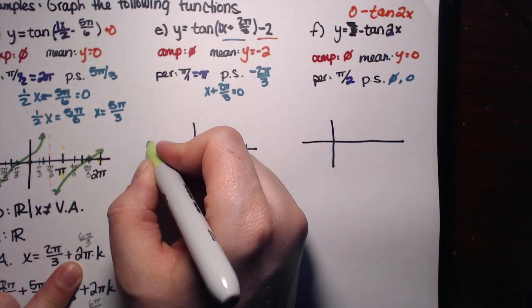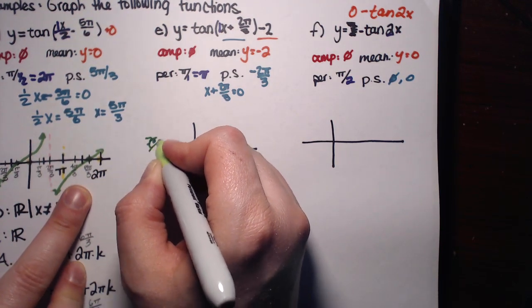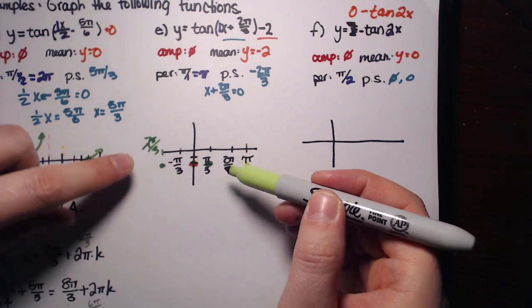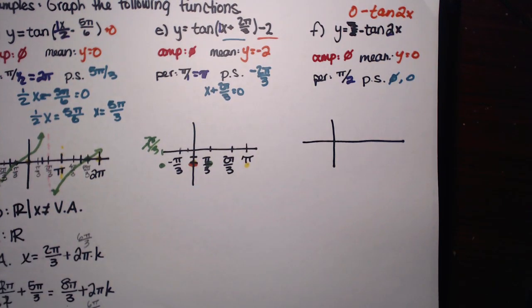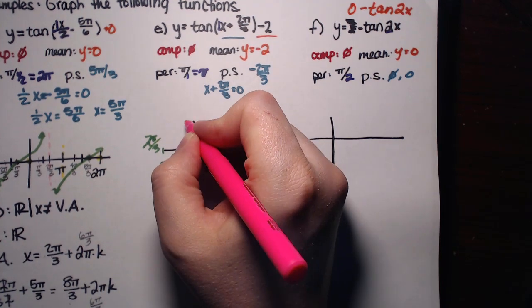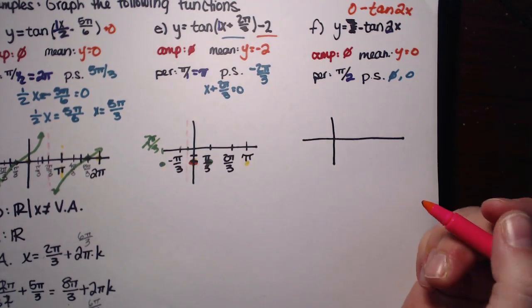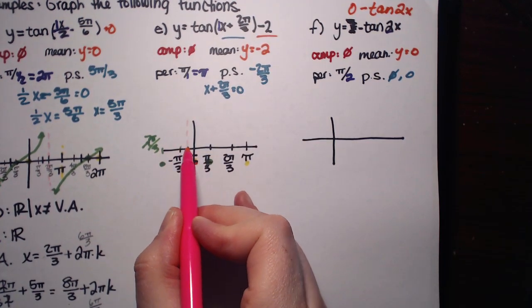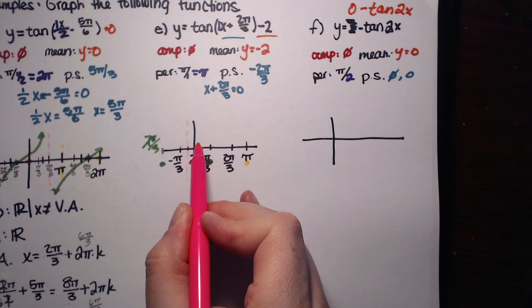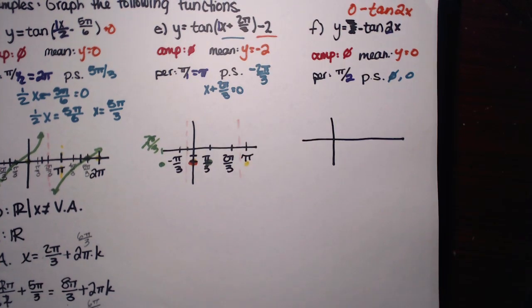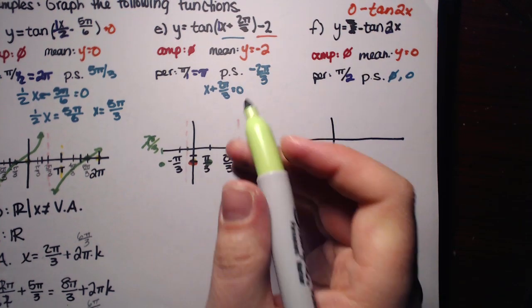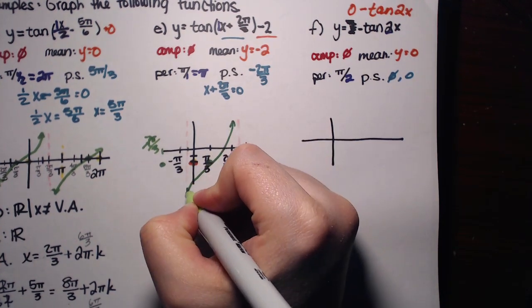So I'm going to make a note that this is -2 pi thirds. So then 1, 2 is halfway between that. So it's actually not on a mark. So what's happening is I go 1 and a half. And then it's an increasing function.